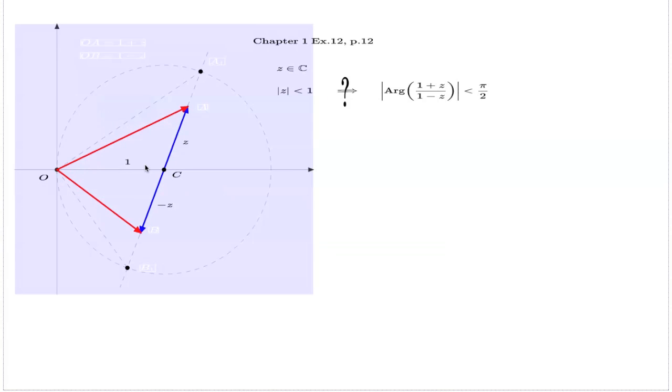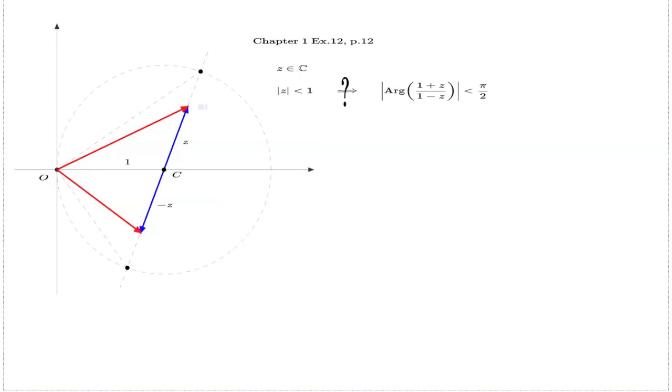And now, what I claim is, because when you do arithmetic operations, plus and minus operations with complex numbers, in vector terms, this is just done like vector operations.